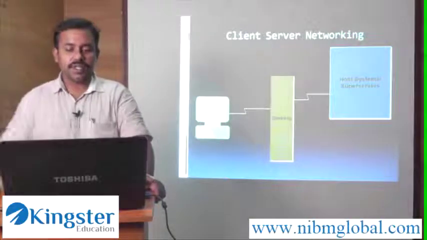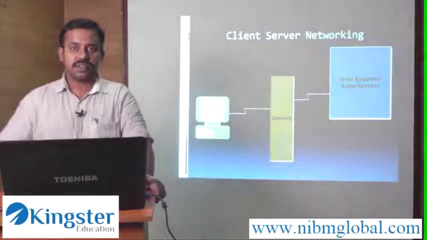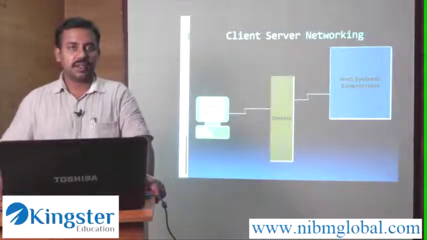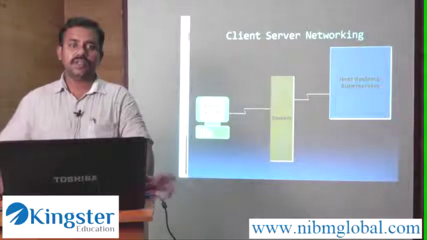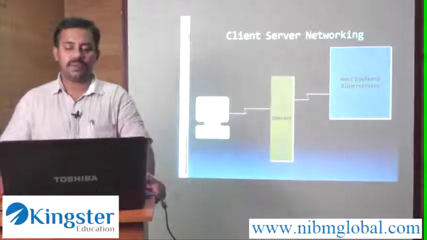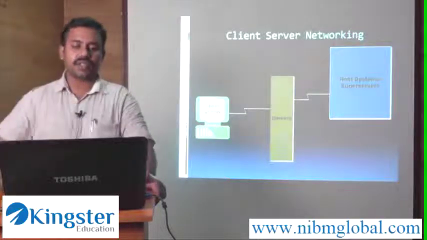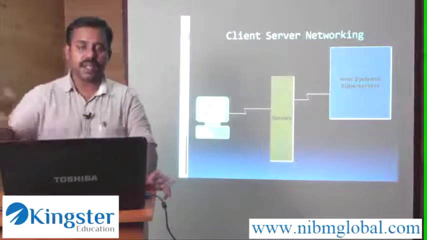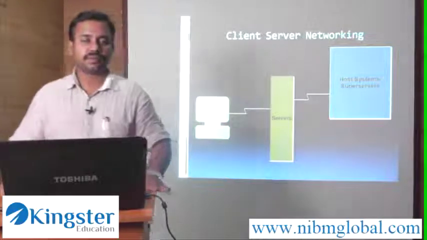Immediately, corresponding information has to be passed to the branch and the bank of the consumer in which the consumer possesses an account. So this transaction has to be networked, and this networking is made possible through client-server networking.